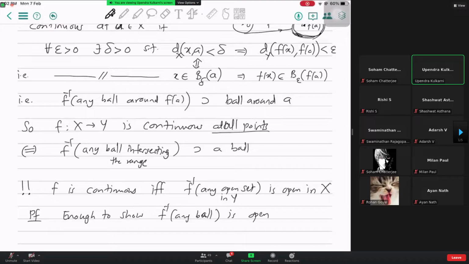Why? Because F inverse preserves unions. F inverse of the union of, let's say, V alpha over some index set is the union over alpha of F inverse of V alpha. This is just set theory. Think about it for a moment.